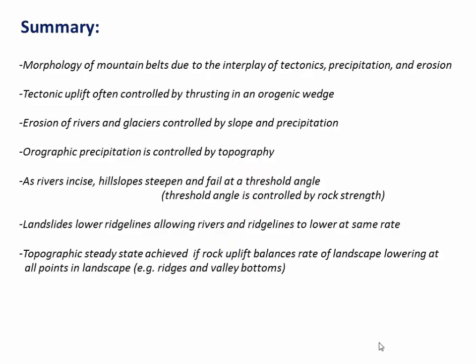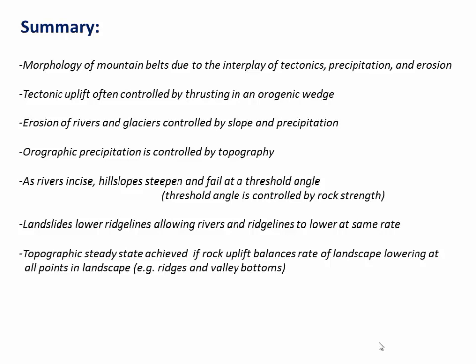So in summary, this video has shown that the morphology of mountain belts can be attributed to the interplay of tectonic uplift, erosion, and precipitation. We've shown that tectonic uplift is often controlled by the activity of specific thrusts within a critical orogenic wedge.